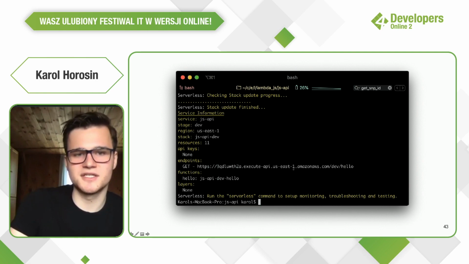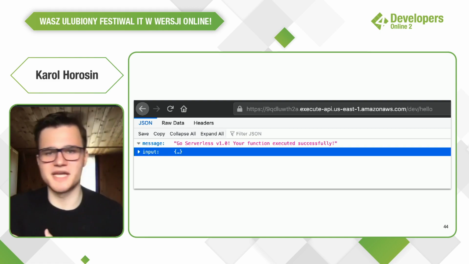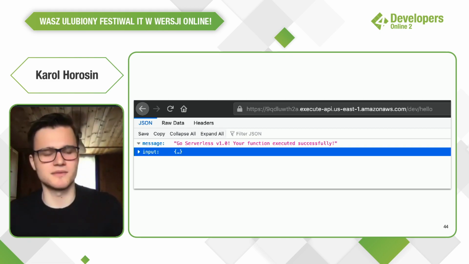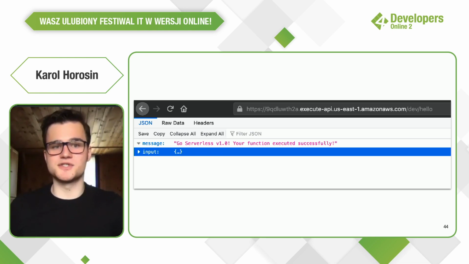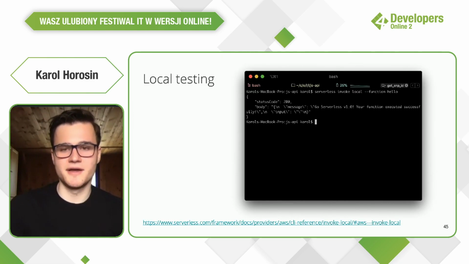So you can actually get this URL and paste it in your browser and access your API now, which is pretty painless. Actually, if you go, you can see the message, what we logged, and actually you can see the input, which is the event, which is useful for learning what's in the event if you don't want to just dig through the documentation.